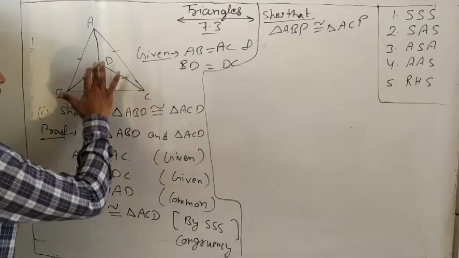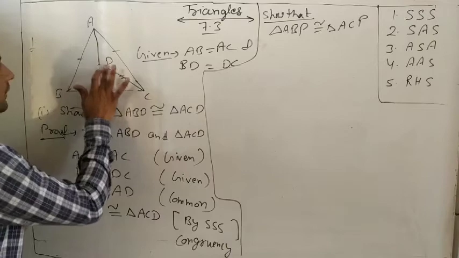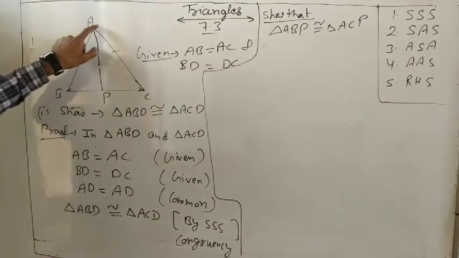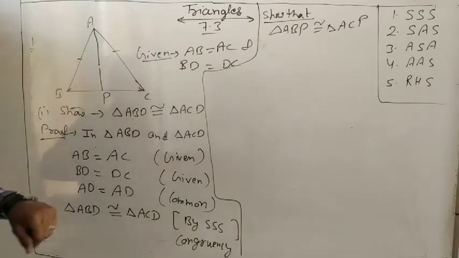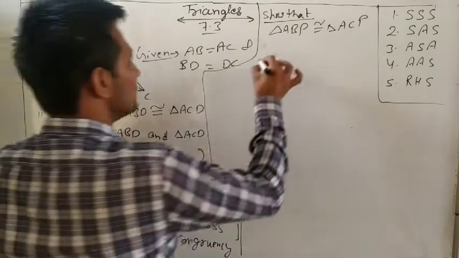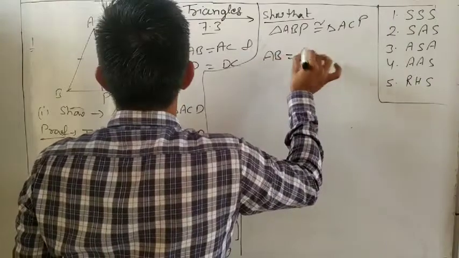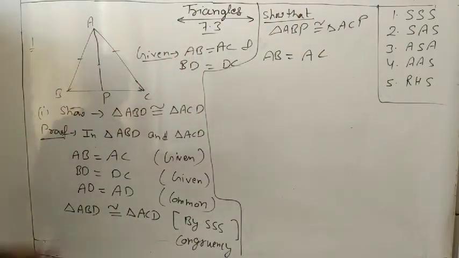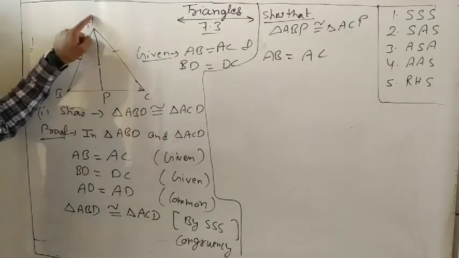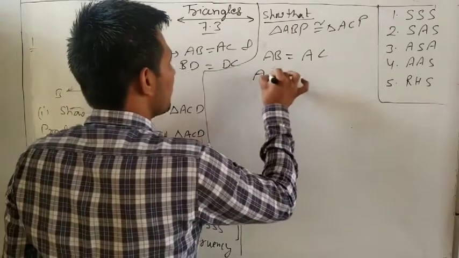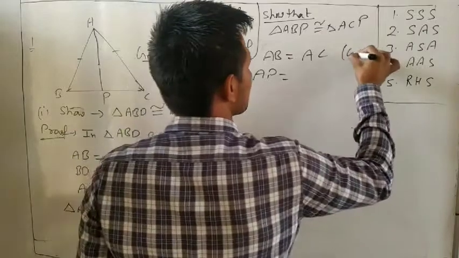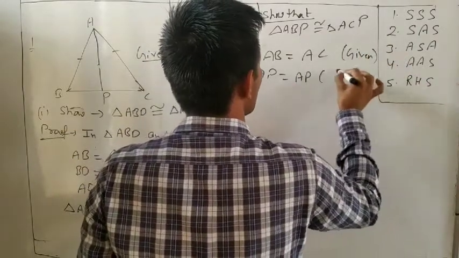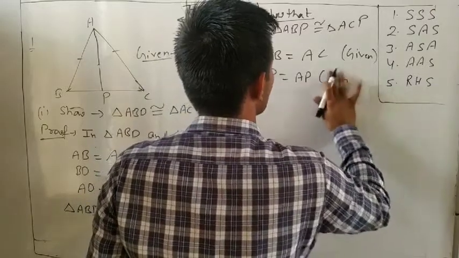For some time you can forget this one, it is not given. So in these two triangles ABP and ACP, AB equal to AC, everyone knows. Next, this side is not given, but AP is common, very good. Always write the reason: given, and AP equal to AP common.